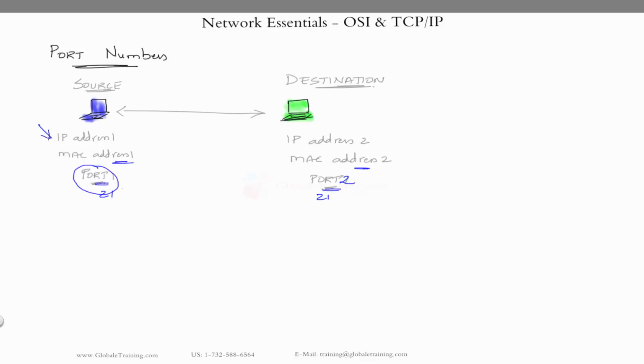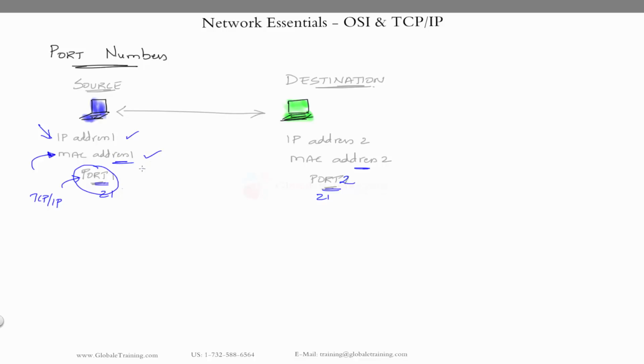But the port number here has a little difference. IP address is assigned by the systems administrator. MAC address is assigned by the network card manufacturer, and it is burnt into the network card. Port number is handled by the TCP/IP protocol stack. So for both the systems to communicate, you need IP addresses on both sides, and they have to be unique.